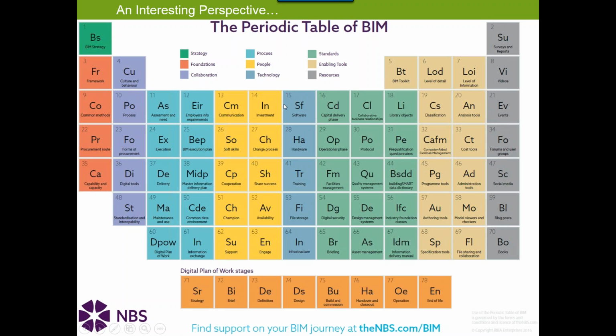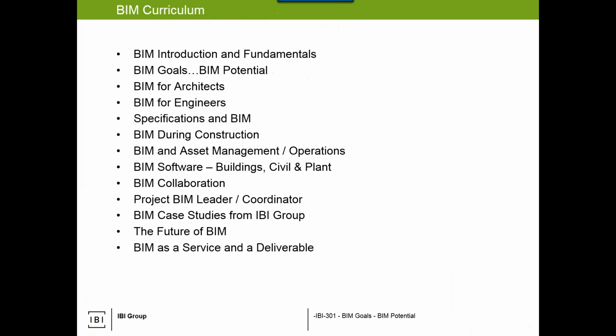I like how software is number 15. That's the first place to talk about software. And the thinking process there is you've got to have some thoughts of 1 to 14 before you can decide how you're actually going to achieve BIM on the project. So I thought this was pretty cool, and a good way to end this particular session.